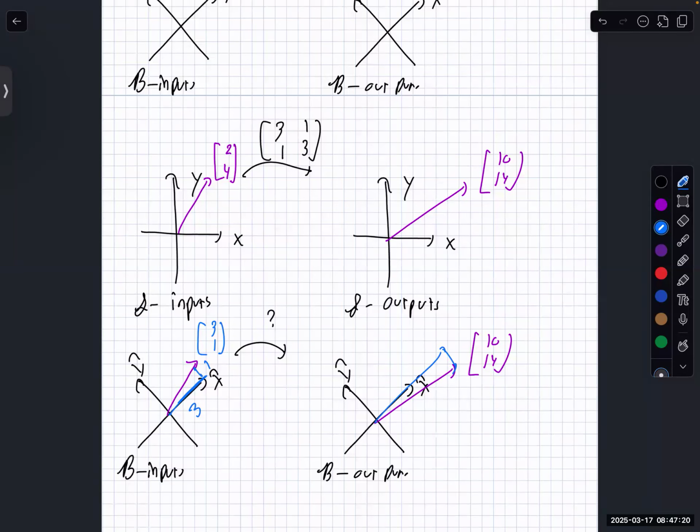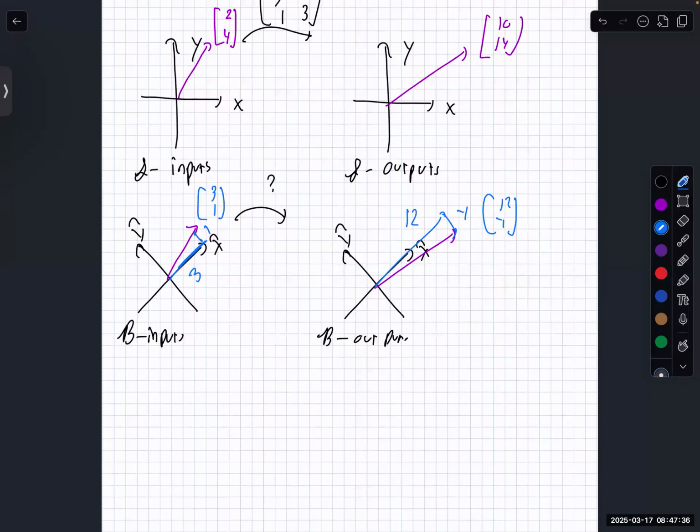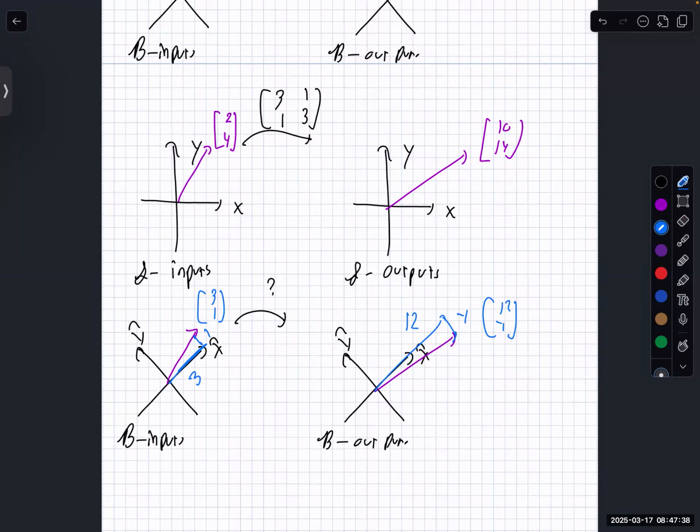Oh, it's not 10, it's 14. So we're going to find this one is over 12 and back by 1. Okay, so again, notice the input vector is the same here, just we have different coordinates to describe it.